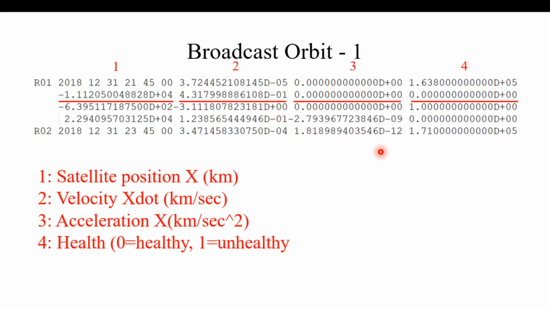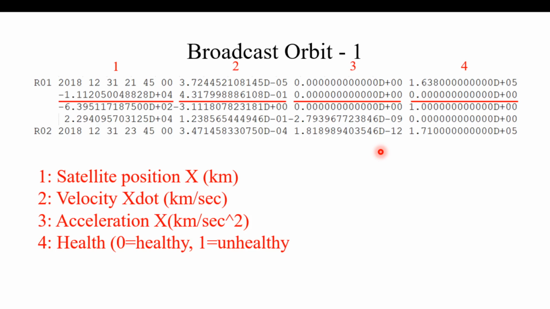Now the second line, as you see, in the X component we include the position, the velocity, and the acceleration. These first 3 elements denote these in this order, and the satellite's position is given in Earth-centered Earth-fixed coordinates. But GLONASS uses a different ellipsoidal definition and datum.